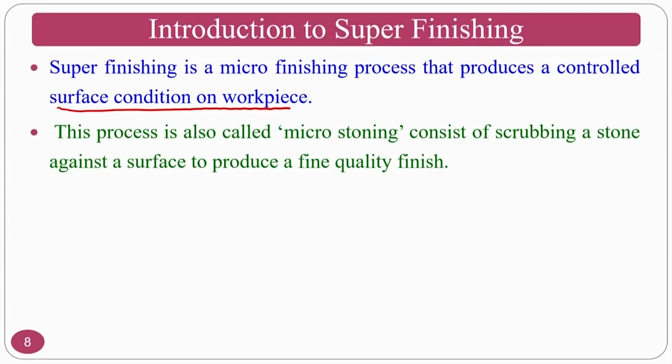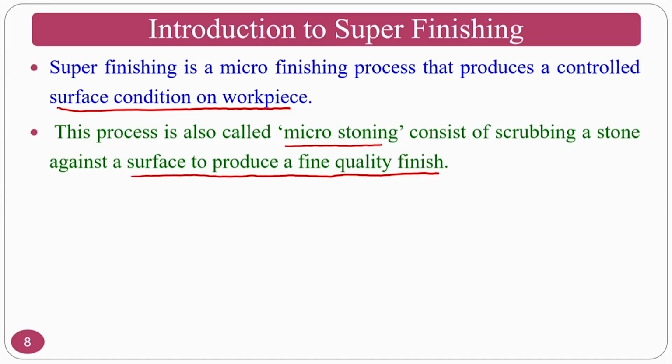This process is also called the microstoning process because you are using a stone in which the abrasives are present, and you are pressing it against the workpiece. It consists of scrubbing a stone against a surface that produces fine surface quality or surface finish. That's why this process is called microstoning.